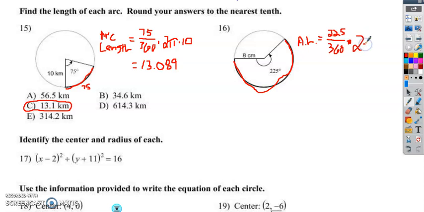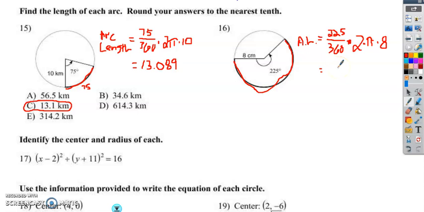So then I'm looking at 2 times pi times the radius, in this case, which is 8. All right, and then what we're going to do is just type all that into our calculator, and let's see what we end up with.